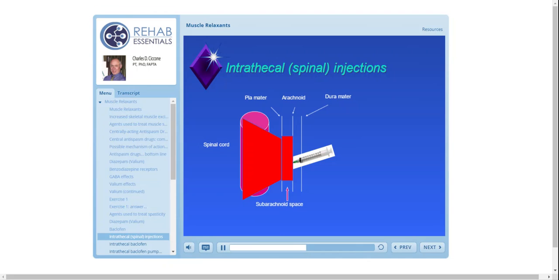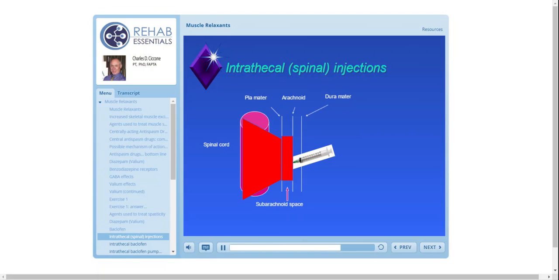Now, of course, this technique of injecting the drug into the subarachnoid space is understandably difficult and can't be done several times a day. But if you have a patient that responds well to oral baclofen in terms of an anti-spasticity effect, but the use is being limited by sedation, this might be a candidate to consider possible intrathecal administration of the drug.